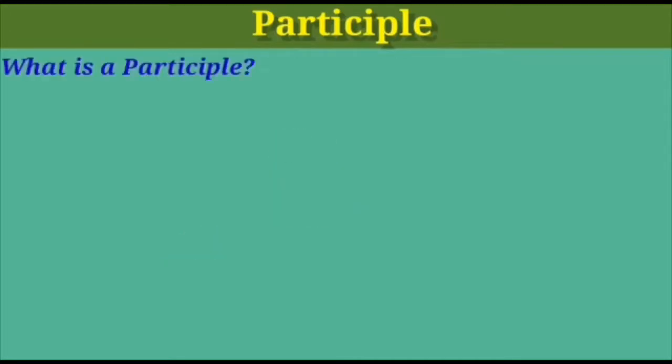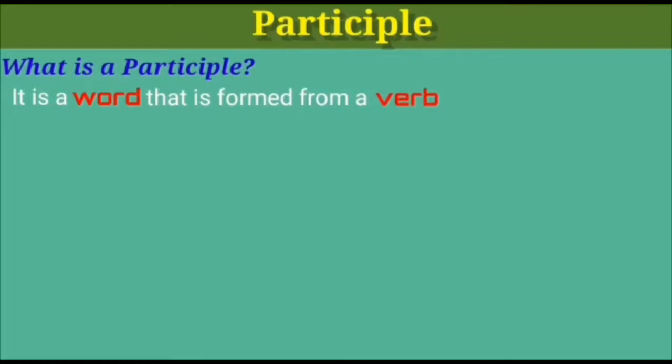What is a participle? First, we need to understand what a participle is. A participle is a word which comes out from a verb. The origin, the basis of the participle, is a verb, and it is used as an adjective.